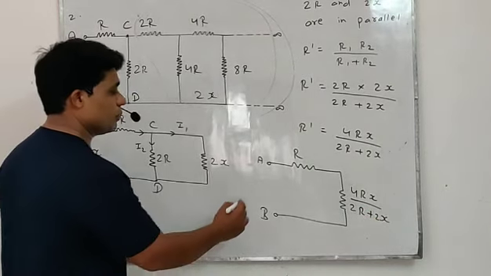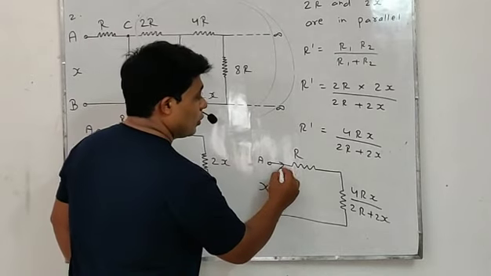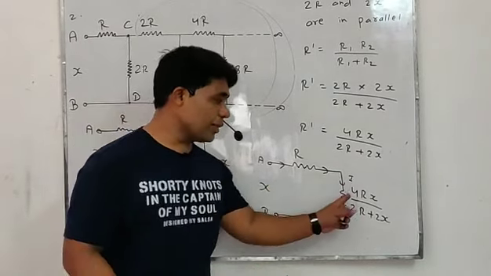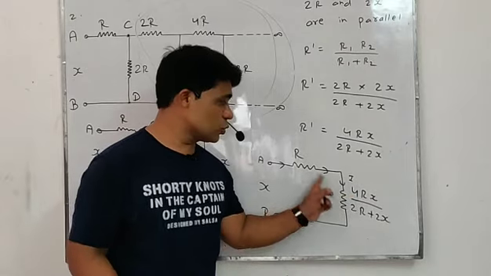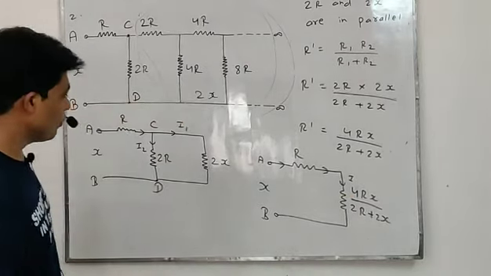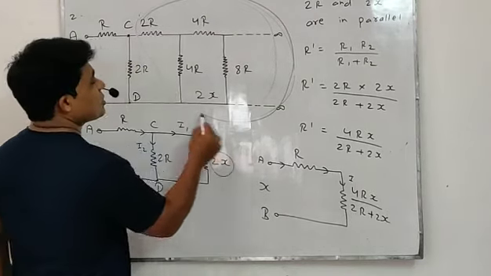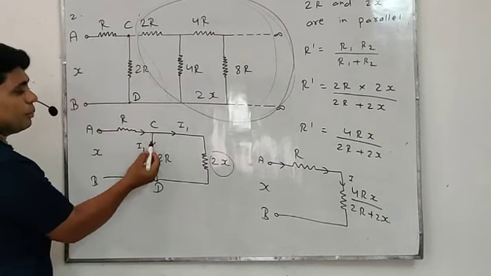Now finally students, these two having the same current, okay, that's why R and this 4Rx upon 2R plus 2x should be in series.